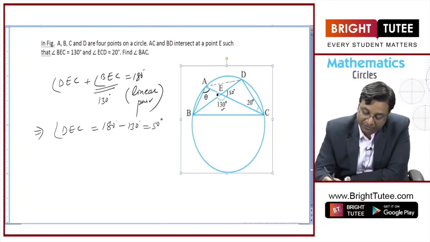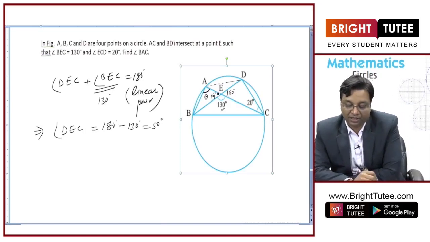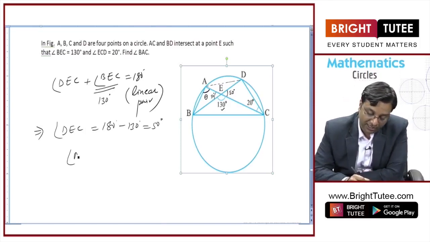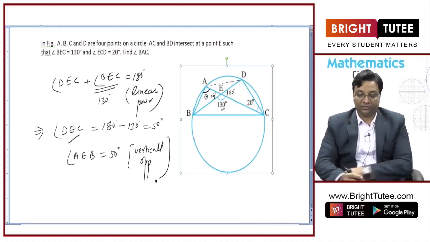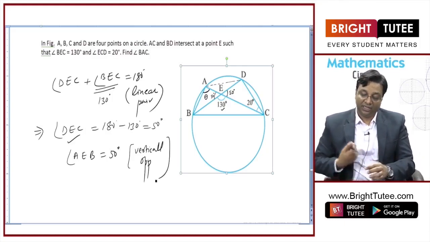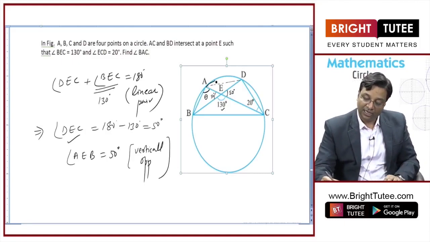If it is 50, then this angle will also be 50 degrees because these are vertically opposite angles. So angle AEB is also 50 degrees because it is vertically opposite of this angle DEC. If you write this much, now you focus on this arc AD.